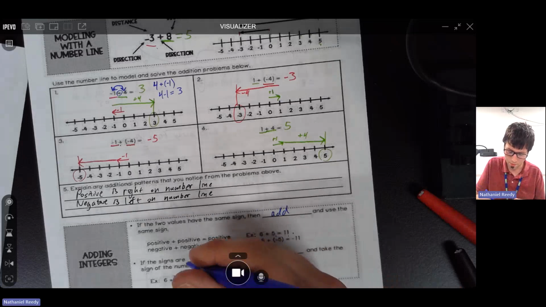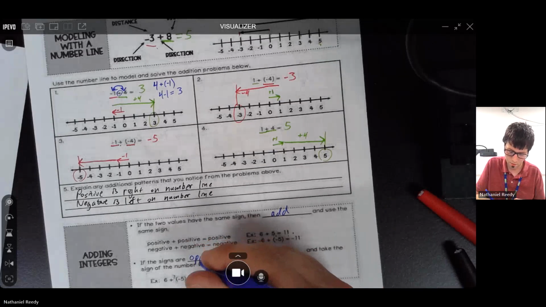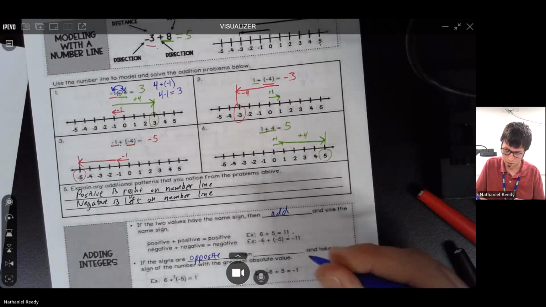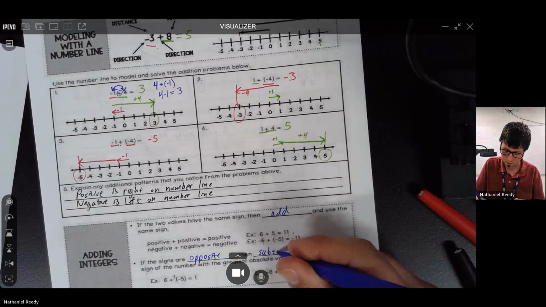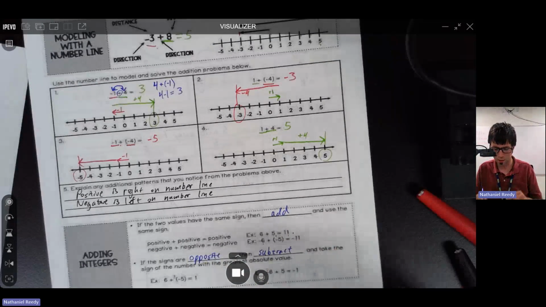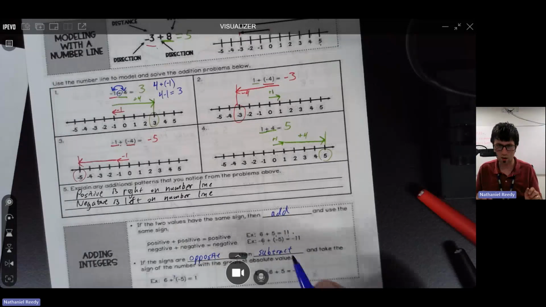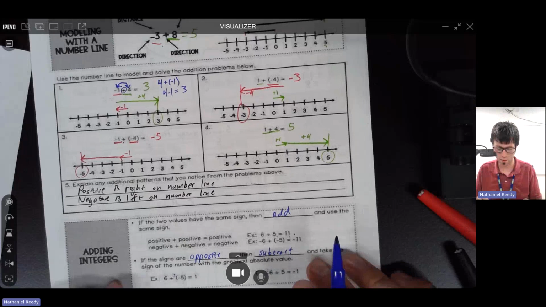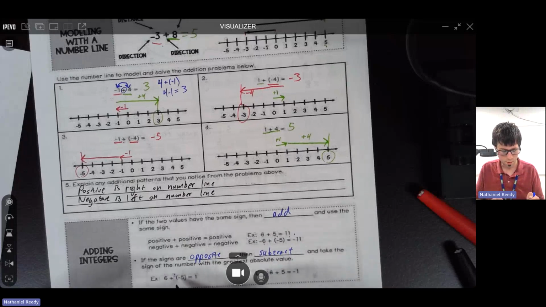If the signs are opposite, then subtract and take the sign of the greatest absolute value. What they're saying here, and this is important, I know people get mixed up, 6 plus a -5.